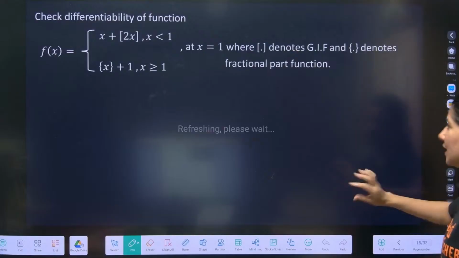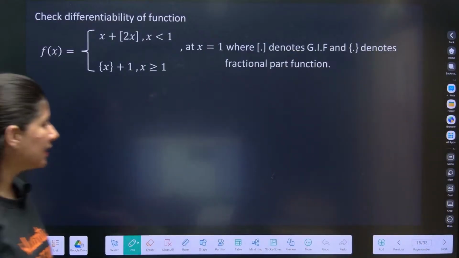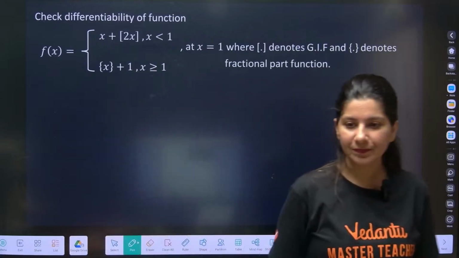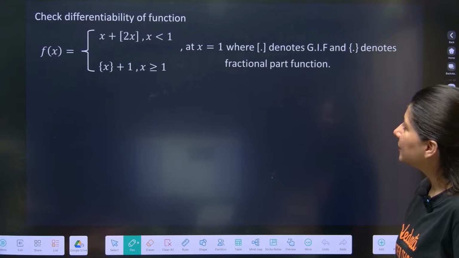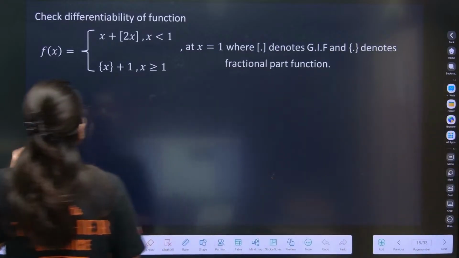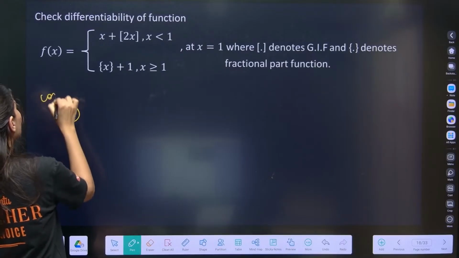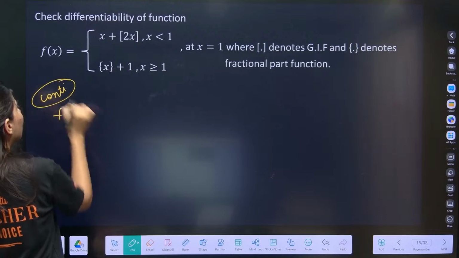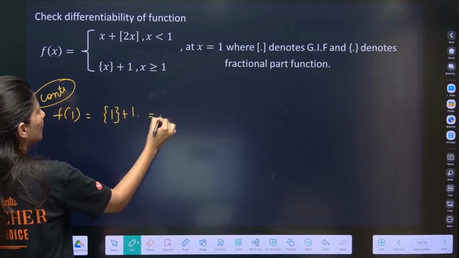Now quickly, one by one, we are going to solve problems. Check differentiability at x equals to 1. Let's check together. First of all, continuity we are checking. F of 1 is fractional part of 1 plus 1, so this is 2.